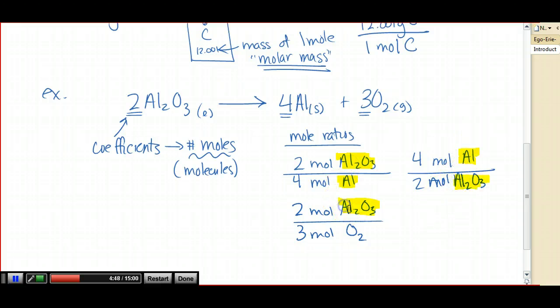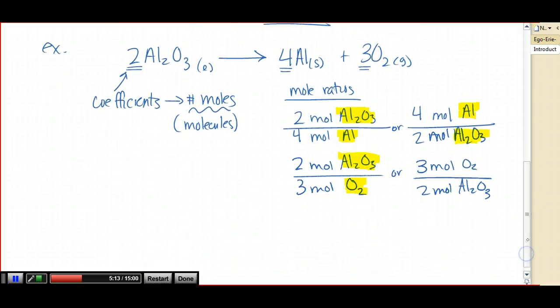You must identify which substance you're dealing with. So the unit here is not just moles, it's moles of aluminum oxide, moles of aluminum, moles of oxygen gas. That's really, really important. Okay, so I've got 2 moles of aluminum oxide to 3 moles of oxygen, and conversely, 3 moles oxygen gas to 2 moles aluminum oxide.